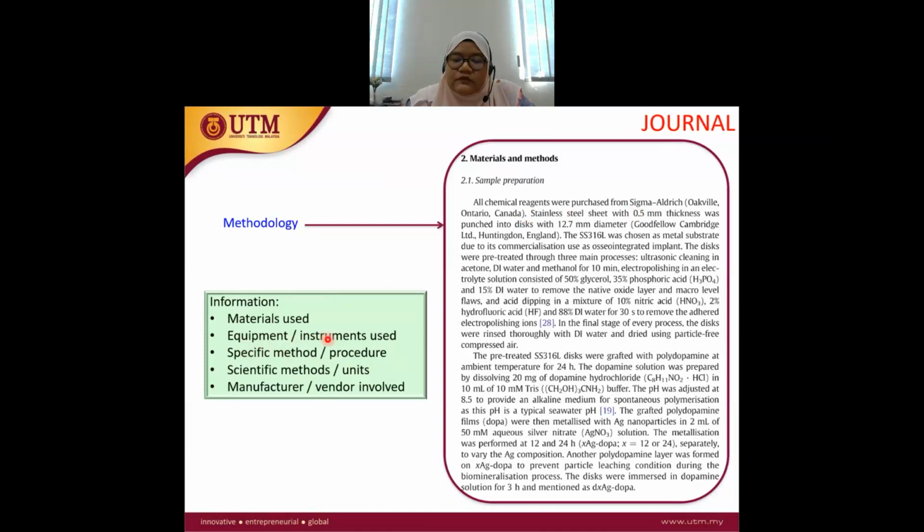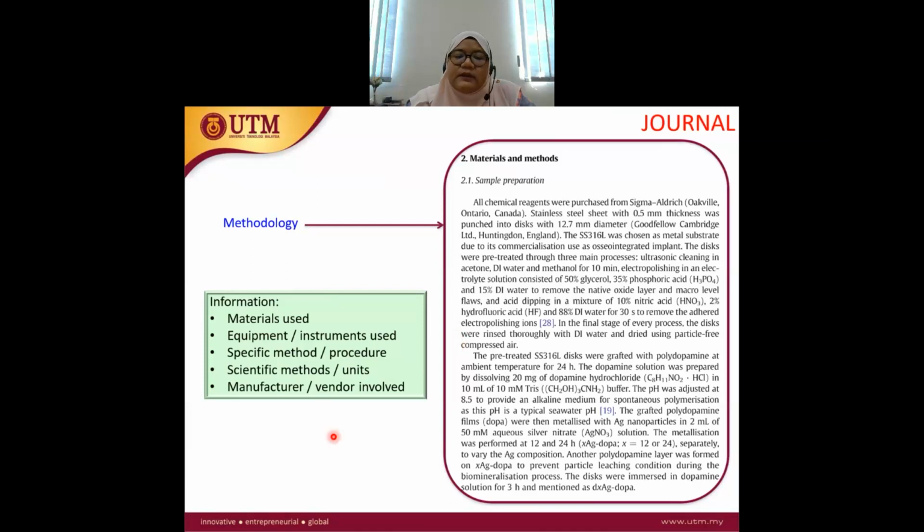Next, the equipment or instruments they used. This one doesn't mention it, but if you are reading a journal article and they are using a scanning electron microscope, they must mention it.